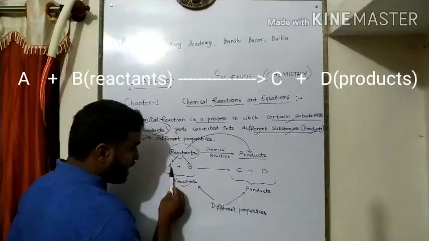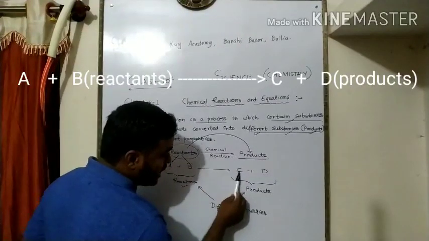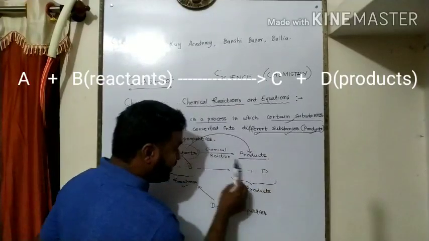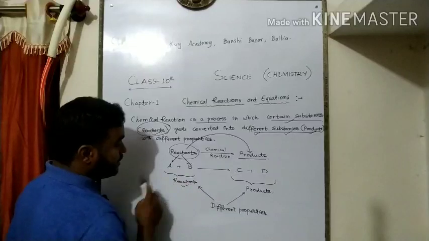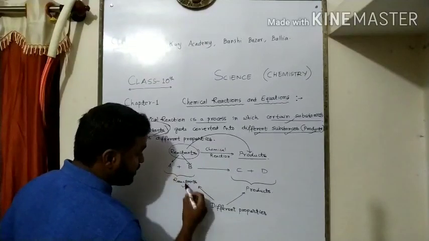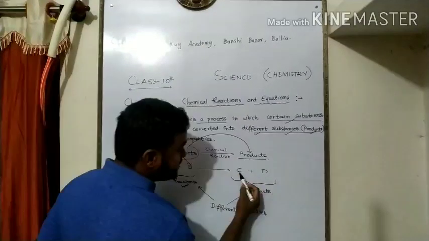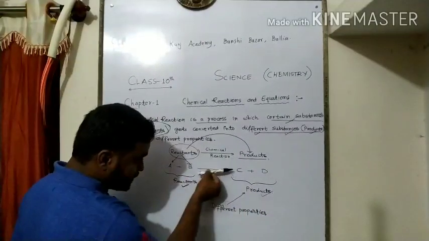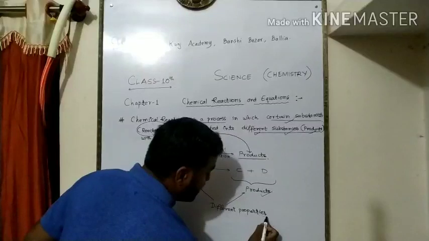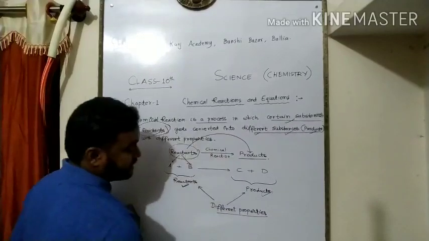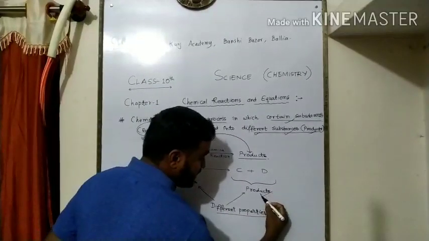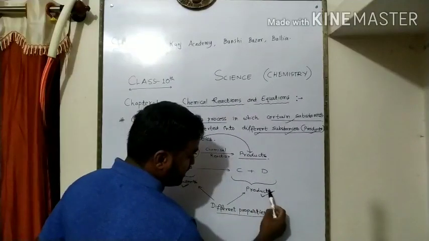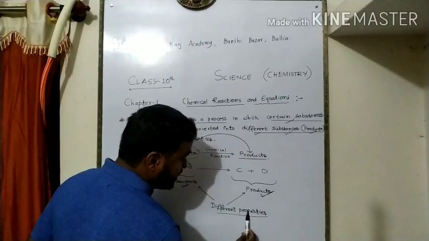These A and B are getting converted into C and D, which are different from A and B. So here A and B represent reactants and C and D represent products. What I have mentioned at the bottom is that both will have different properties. Whatever products are formed in a chemical reaction, those products will have different properties from those of the reactants.